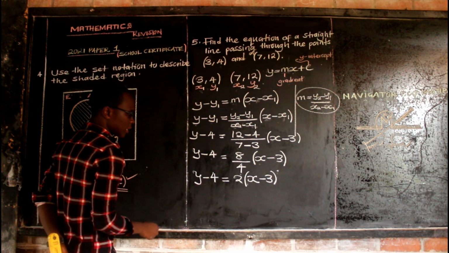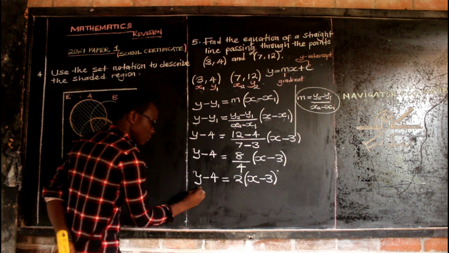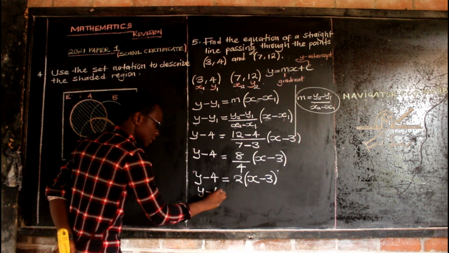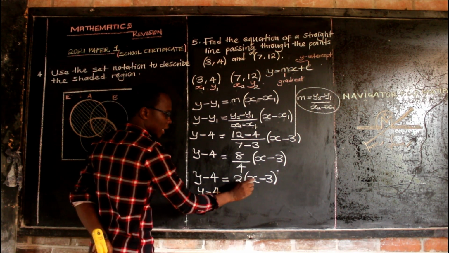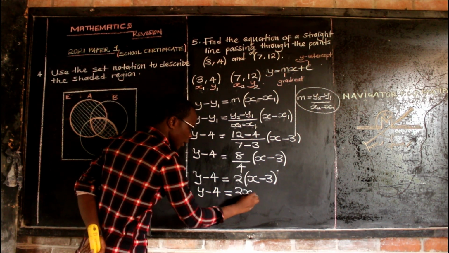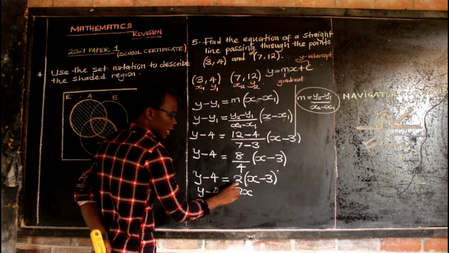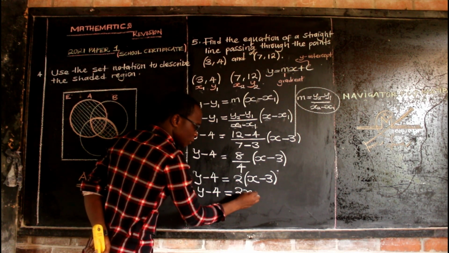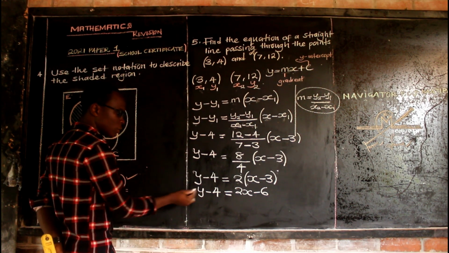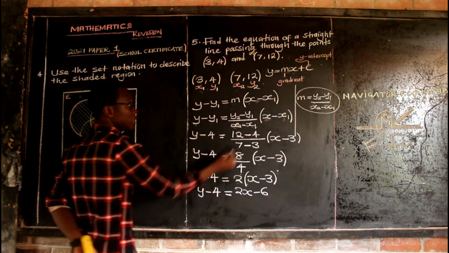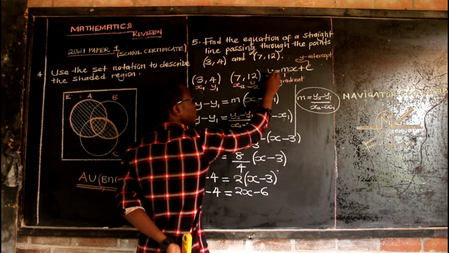Then you get rid of the brackets this side. So you maintain y minus 4 is equal to 2 times x, which is 2x, then 2 times negative 3, you obtain negative 6. Now we need to collect like terms. We need to remain with y this side, according to this standard equation.